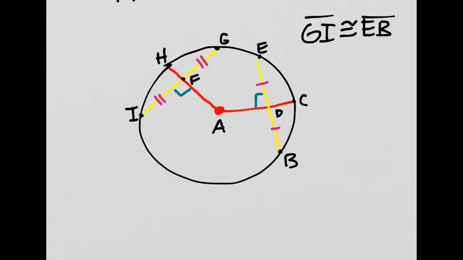I also know that this little section in here, let's pick a new color, is also equal to the other one. And let's name it. If GI is congruent to EB, then AD is congruent or equal to AF as well. That's probably some of the most important information, knowing those relationships.